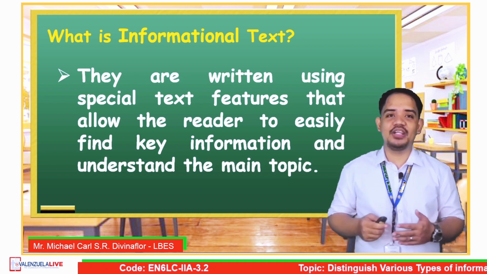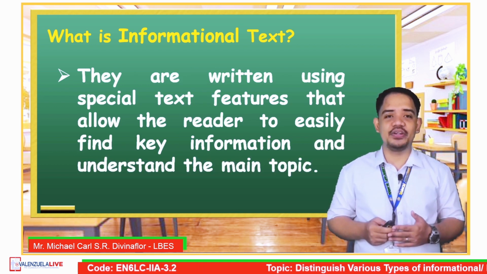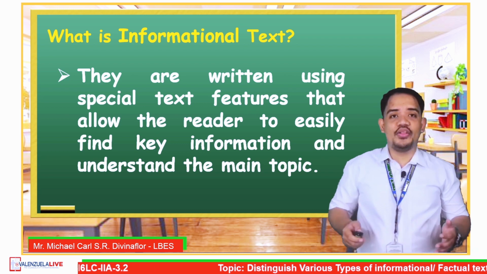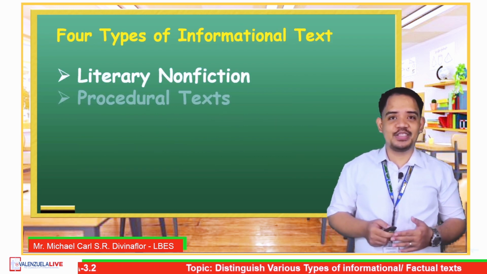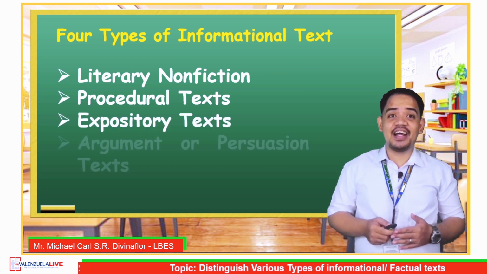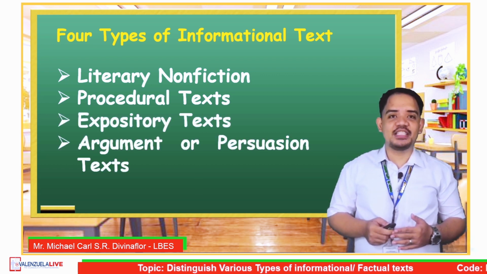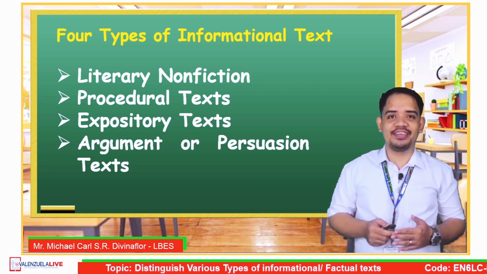They are written using special text features that allow the reader to easily find key information and understand the main topic. There are 4 types of informational texts that we are going to discuss today. They are the literary nonfiction, procedural text, expository text, and argument or persuasion text.